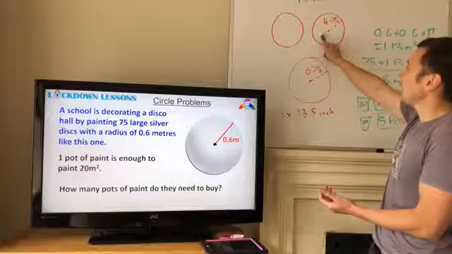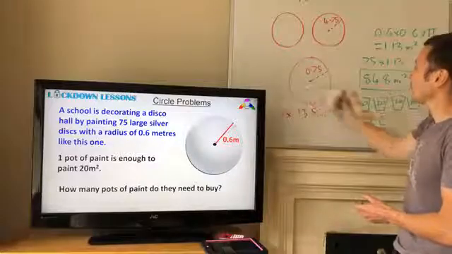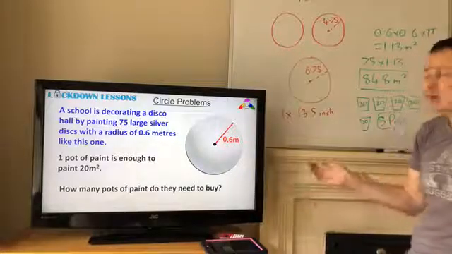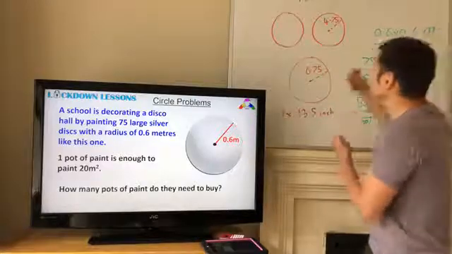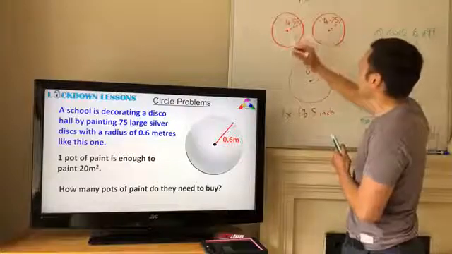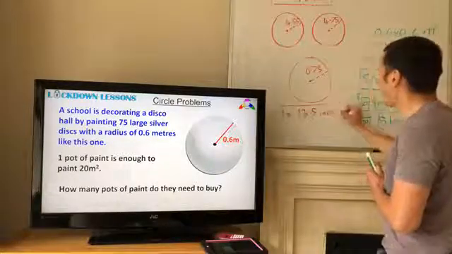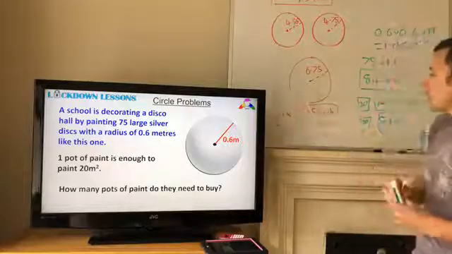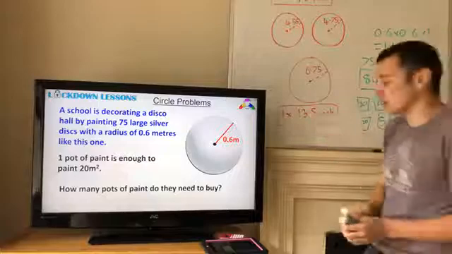So, how much more pizza do you get if you get 2 small pizzas compared with a large pizza? Put your answers on the chat. How much more do you get if you get 2 of these? So if you get 2 9.5 inch pizzas, how much more pizza do you get than 1 large pizza? So these are your small pizzas, these are your large pizzas.